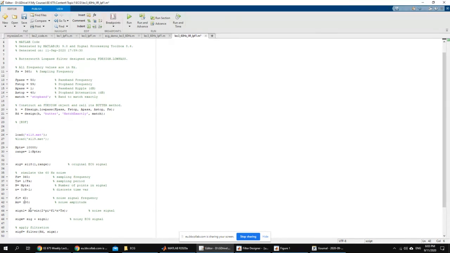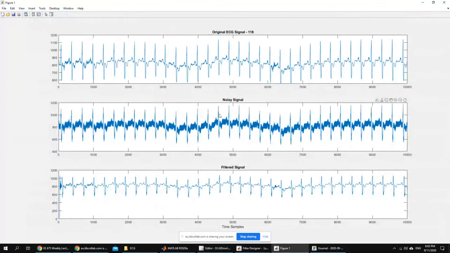I designed the filter to filter beyond 50, but the noise is at 50. So let's try it again with the same parameters. I was surprised to see that it's not working at all. It's usually not producing very good results, but they are not that poor. Now it looks okay. It looks very similar to that one. It's not very far, at least.